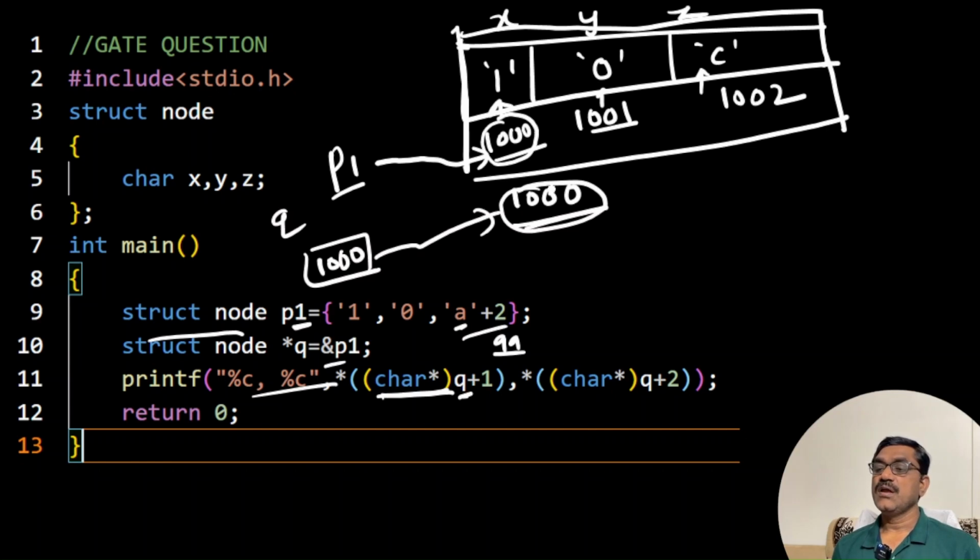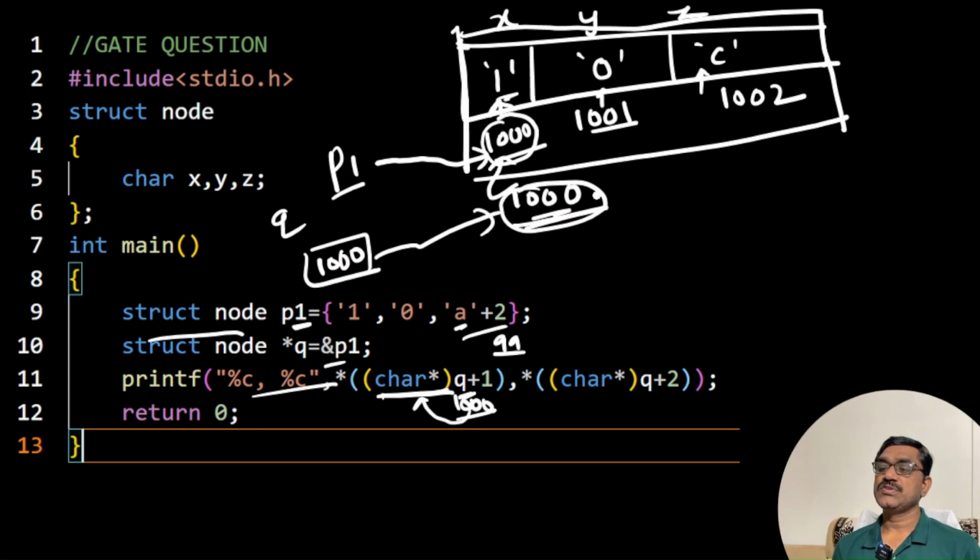Okay. Now first Q represents this outer 1000. Now, from this outer 1000, we have to move to the inner 1000, where inner 1000 is a pointer to character '1'. So, that's why we are taking this outer 1000 and converting it into a character pointer. Why?